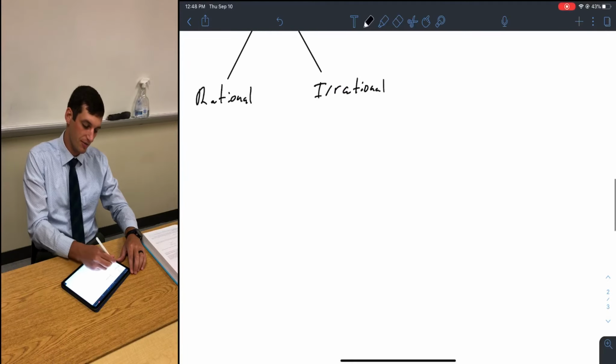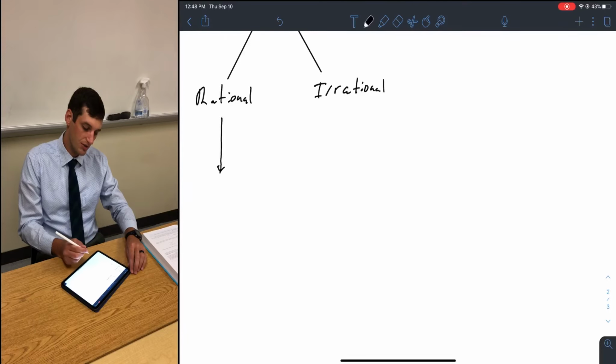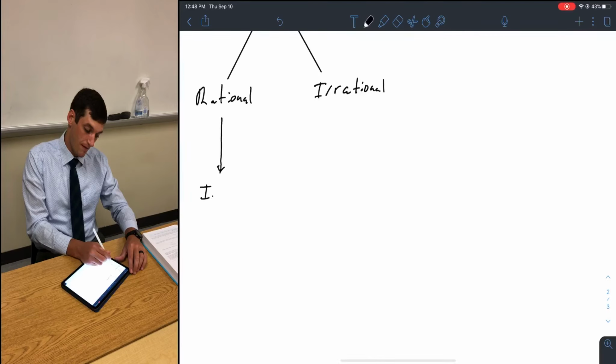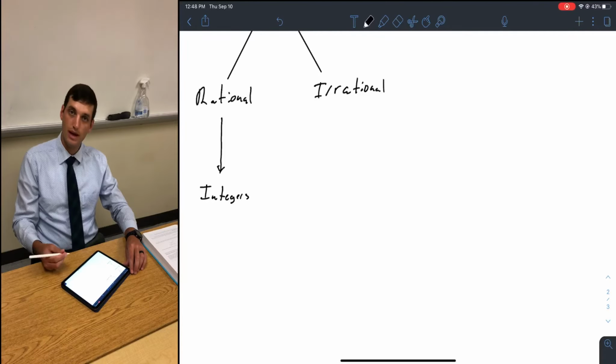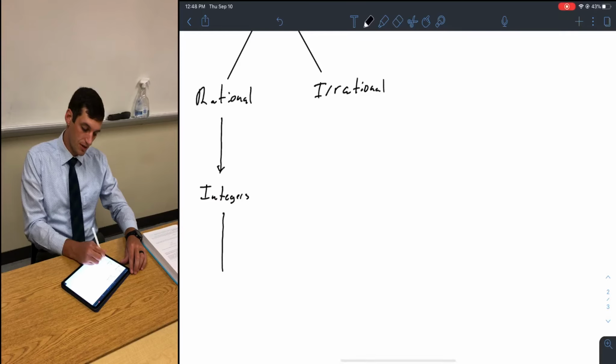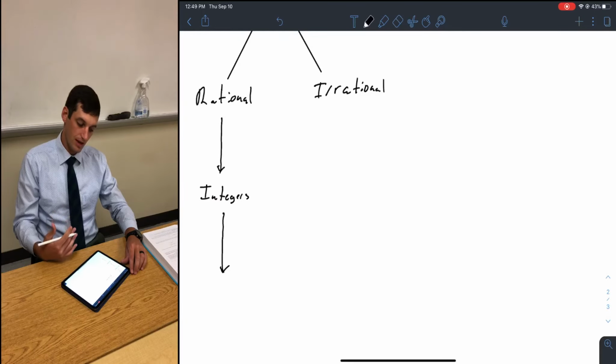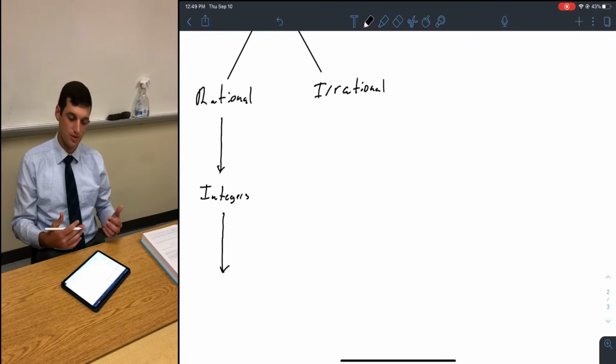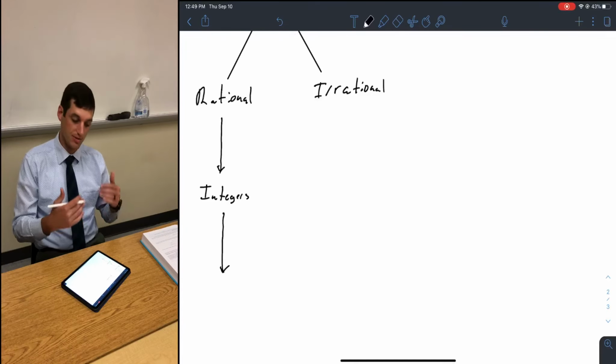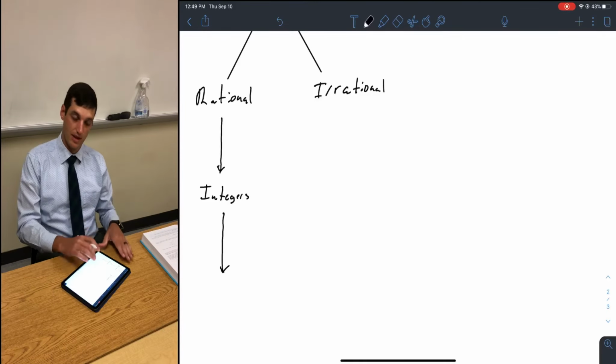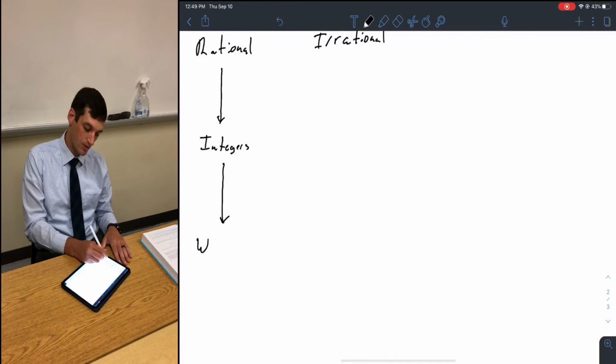Rational numbers from here can be broken down into integers. These are called subsets. So integers are subsets of rational numbers. And then from here it'll be whole numbers.